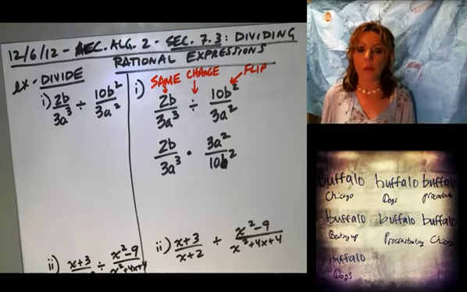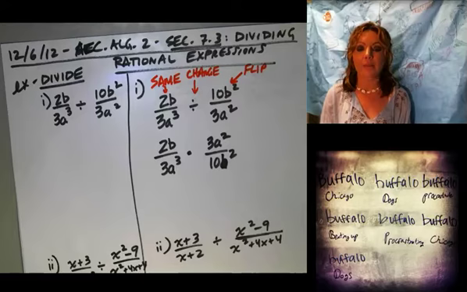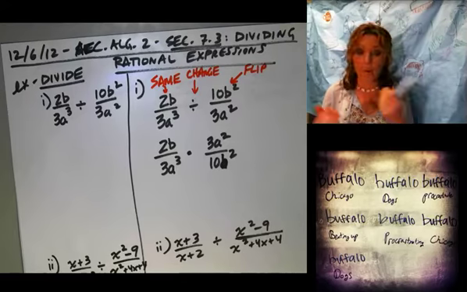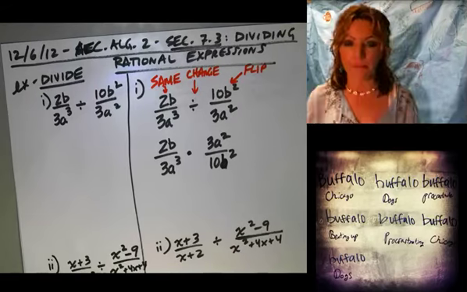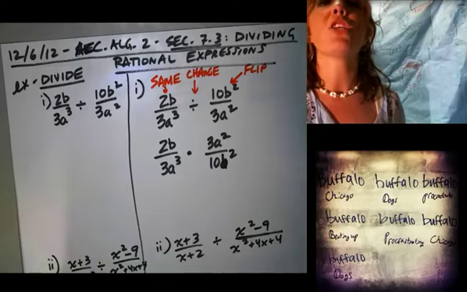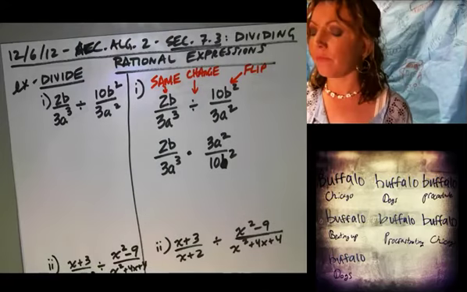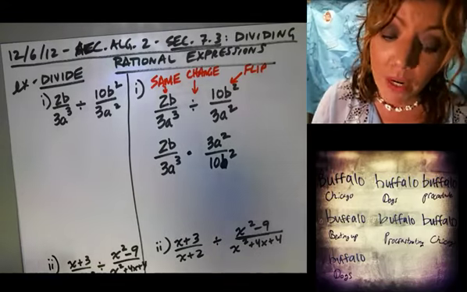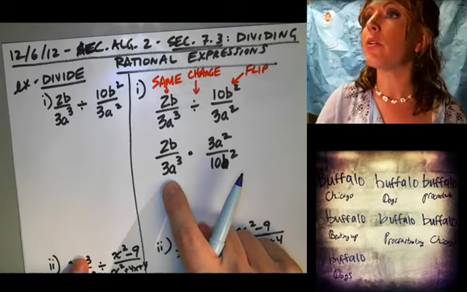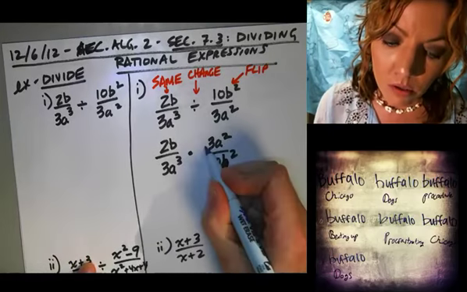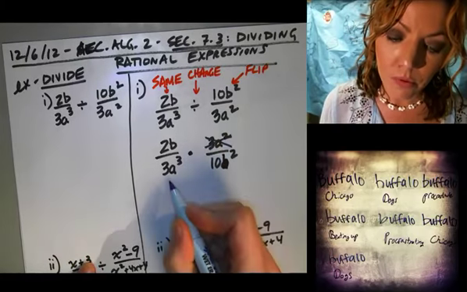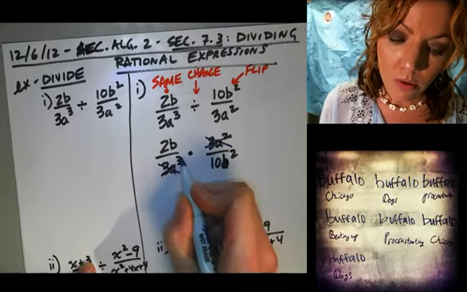Can anybody see anything that can be canceled, reduced in any way, shape, or form? Here, Josephine. Okay, nobody should be talking. Shh. Okay, 3a squared and 3a cubed. Good. Like that? Whoops.